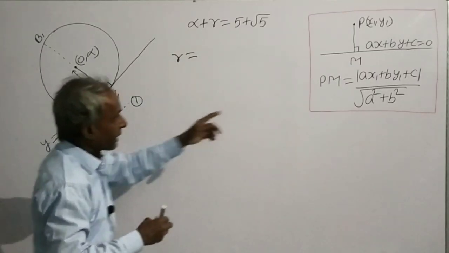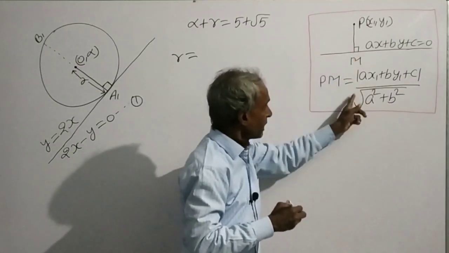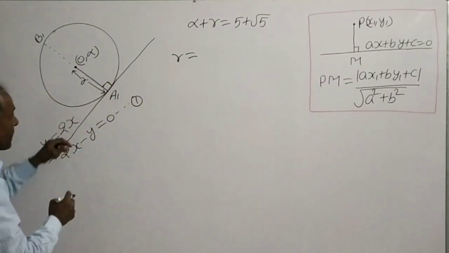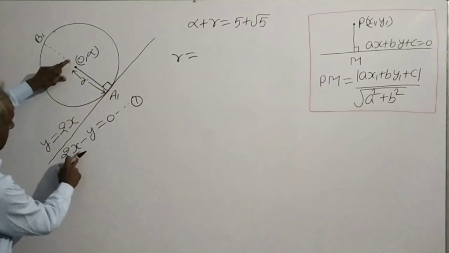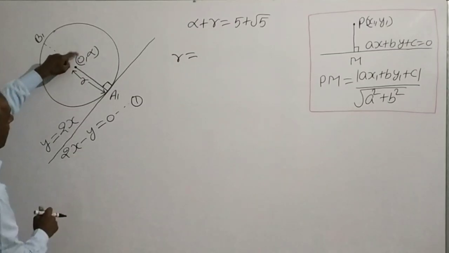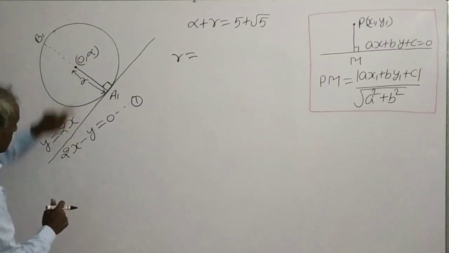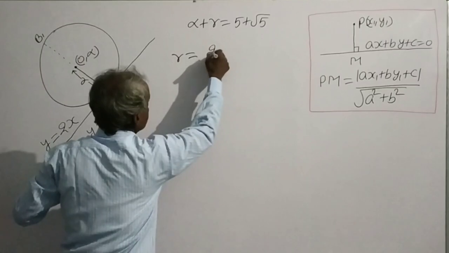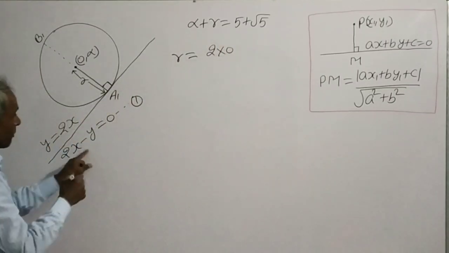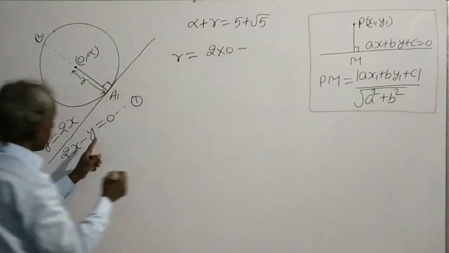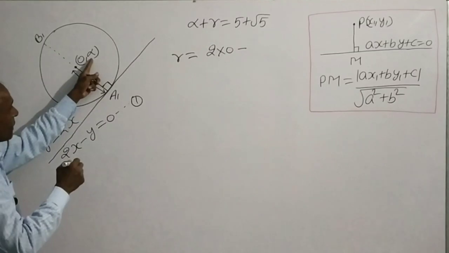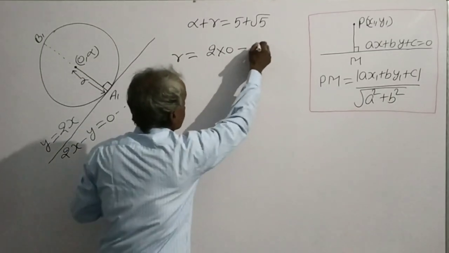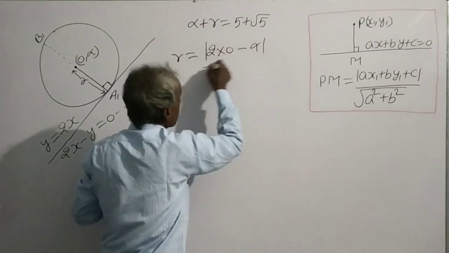By using this formula we can write, in place of x we write the x coordinate of this point, 2 times 0, minus, in place of y we write the y coordinate of this point, alpha, take mod.